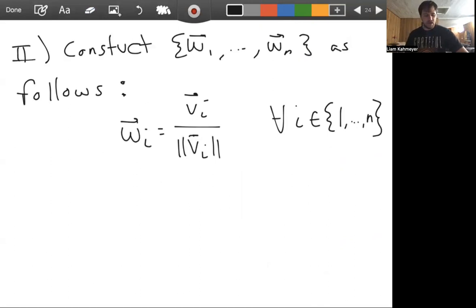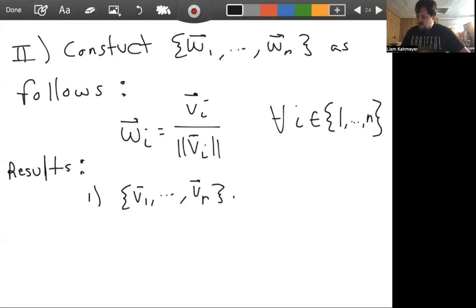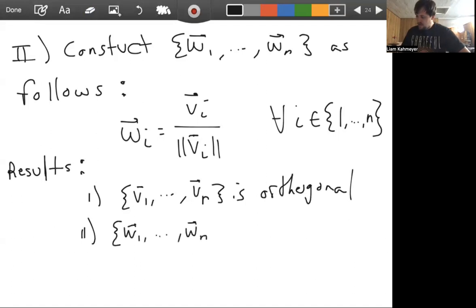And here's the conclusion. So the result. Well, first we have that V1 through Vn is orthogonal. We have that W1 through Wn is orthonormal.